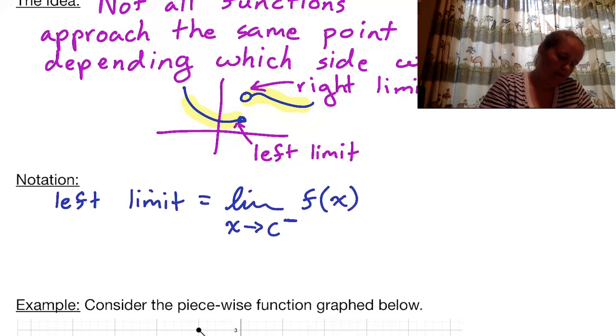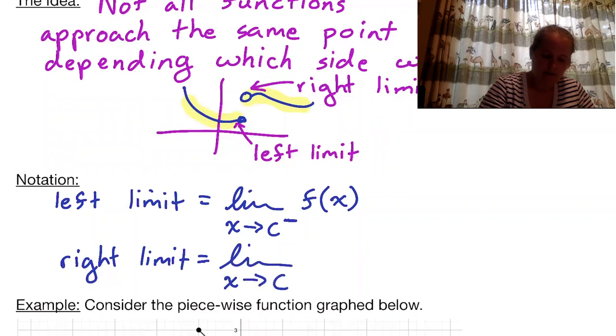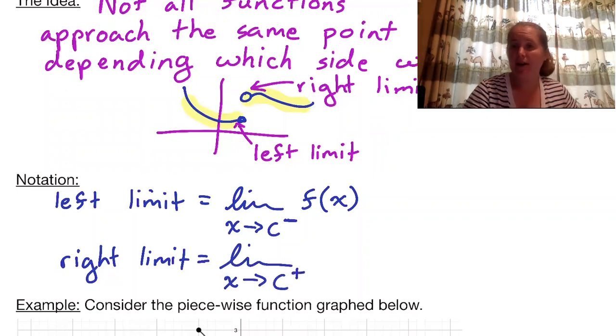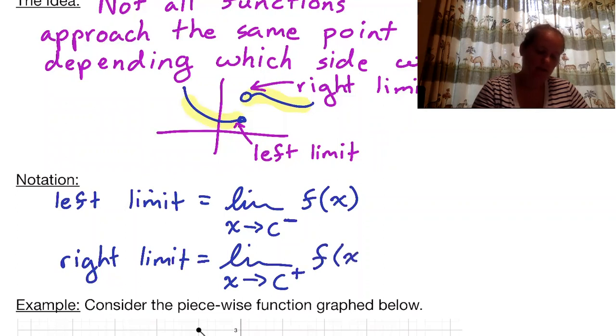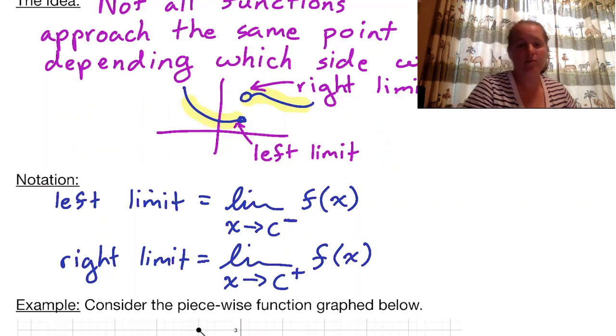And then for the right limit, we do the limit as x approaches c coming from the positive side. So we put a positive sign where we would usually put an exponent of f of x. So this is the limit as we approach from the left and the limit as we approach from the right.